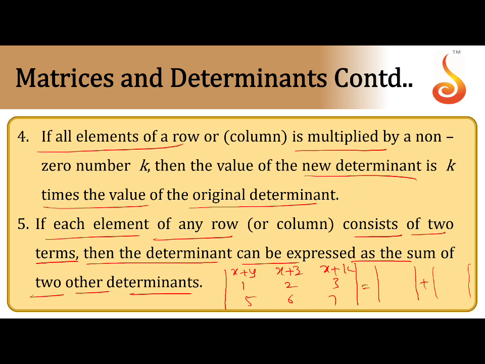In both determinants, the second row and third row remain the same. Only the first row we split: the first positions come under the first determinant, and the second positions come as the first row of the second determinant. That is the way to split it. Sometimes when solving problems this is required, so there you can apply these properties. So, clear on that one.